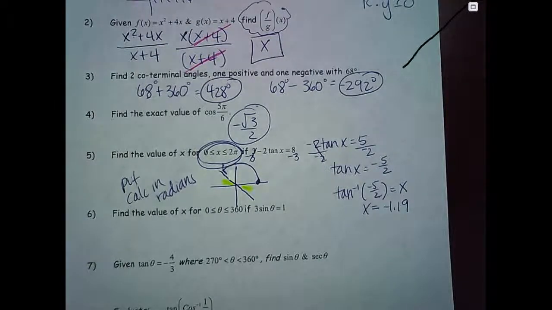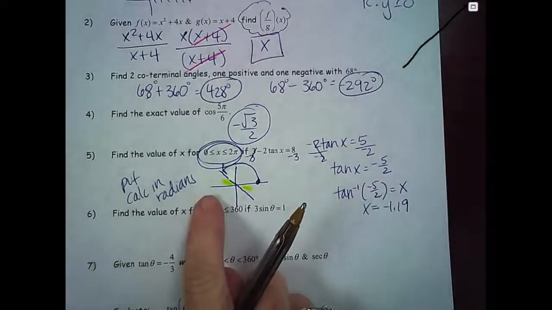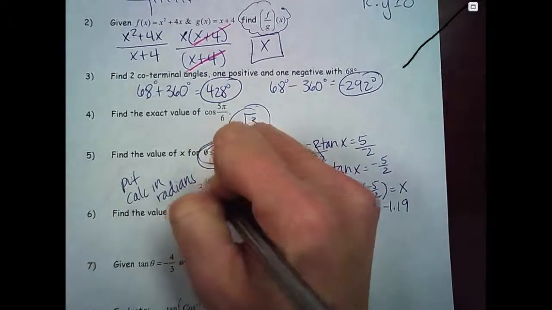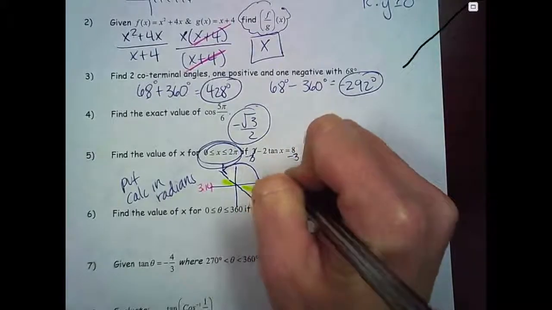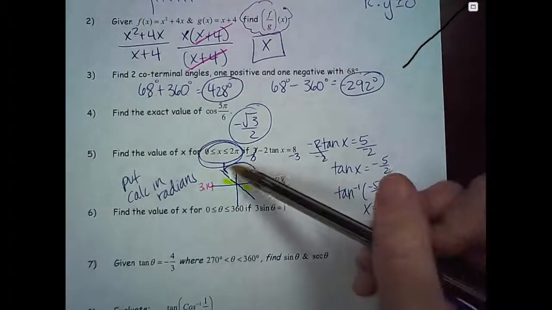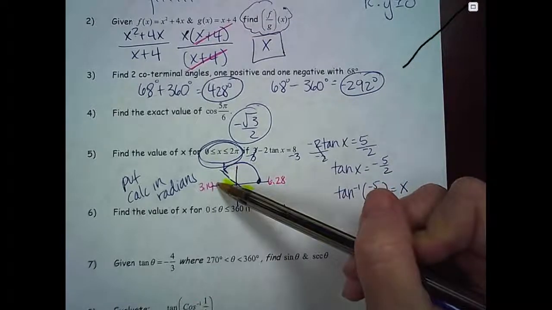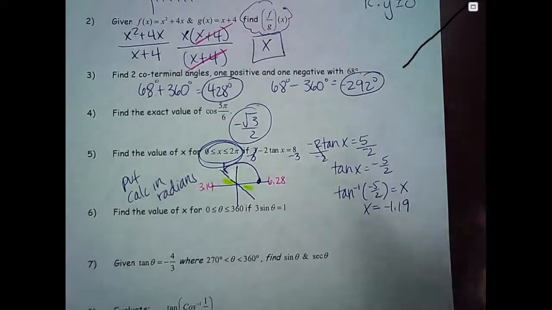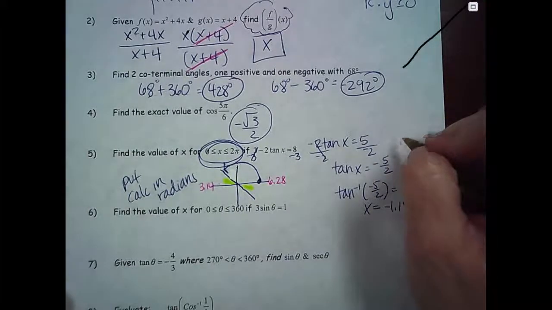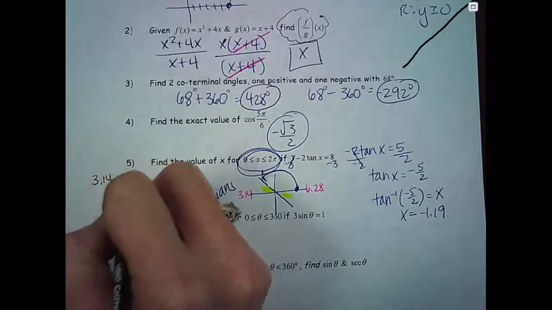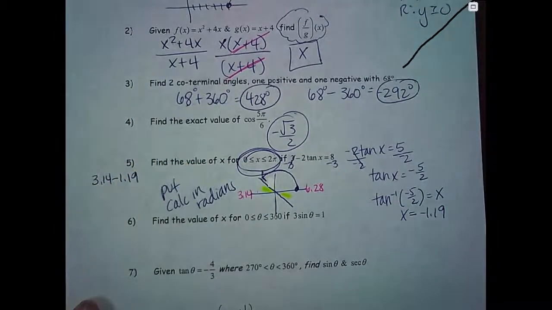So we're going to go from here and find this measurement. But because I know it's radians, remember we used to use 180, but now we're going to use 3.14 and 6.28 on this problem. So to get to here, I would go all the way to 3.14 and I'd back up that shaded region, which is 1.19. So to get my first answer, I'm going to take 3.14 minus 1.19, which gives me 1.95.